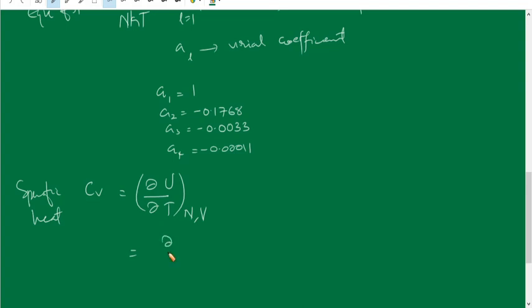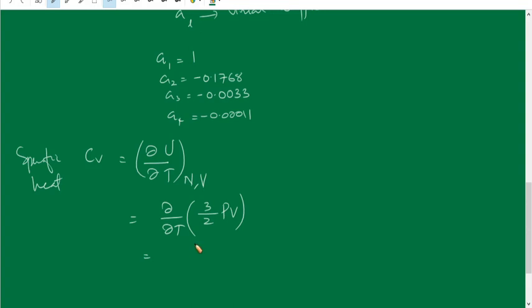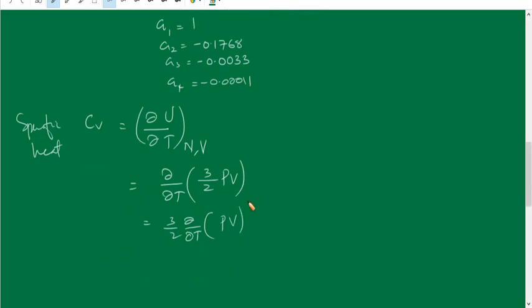So this is equal to ∂/∂T of U, and U is equal to 3 divided by 2 PV. We have already shown this for the ideal Bose gas. So 3 divided by 2 ∂/∂T of PV, at constant volume and number of particles.